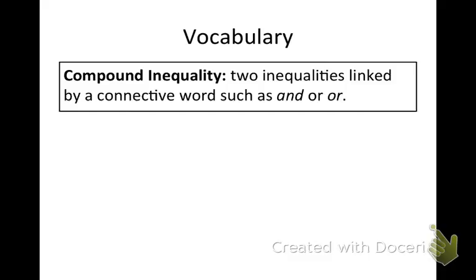So ands and ors are our compound inequality connective words. So we have something and something, or we have something or something. Okay, we're going to focus just on the ands, because the ands are where your intersections occur. Okay, because we want it to be in both sets.